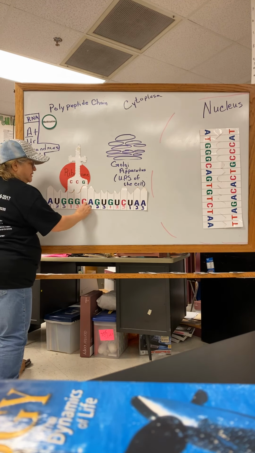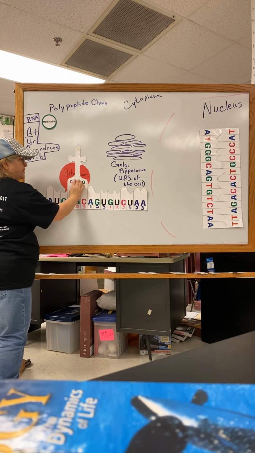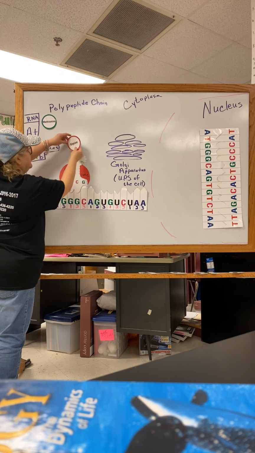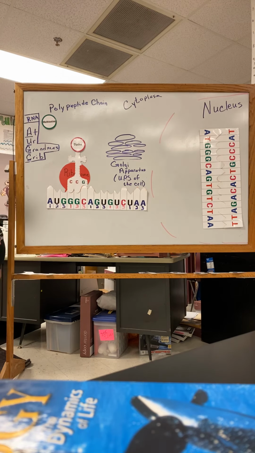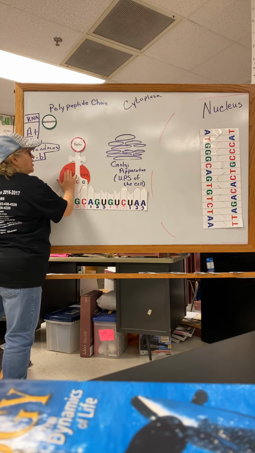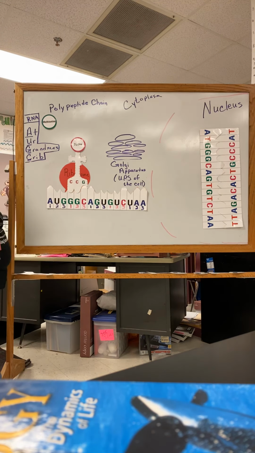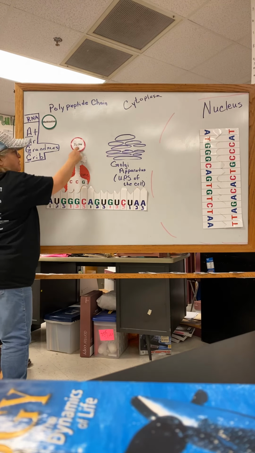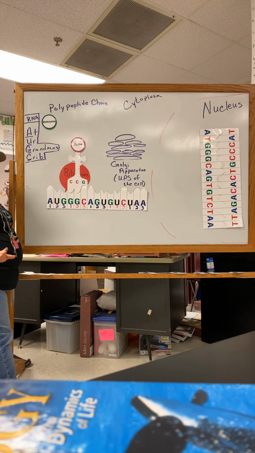So it goes here, it's translated, and here is your amino acid. Okay, remember that the ribosome makes the amino acids, or makes the proteins. Recall from our unit on biomolecules that amino acids and proteins are synonymous.